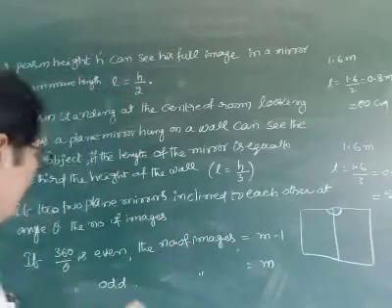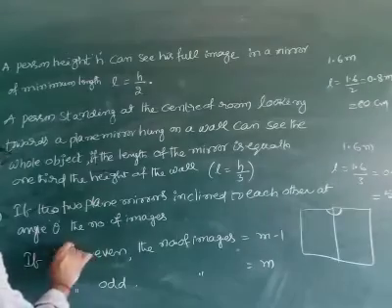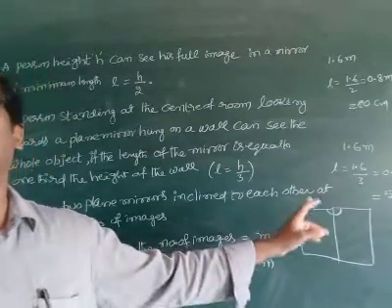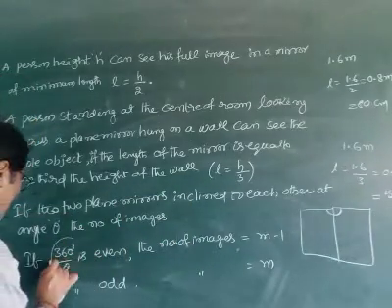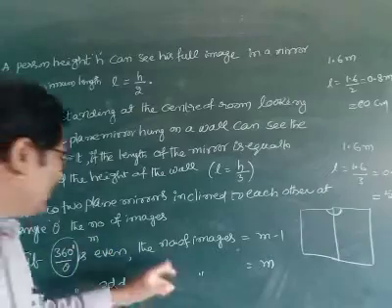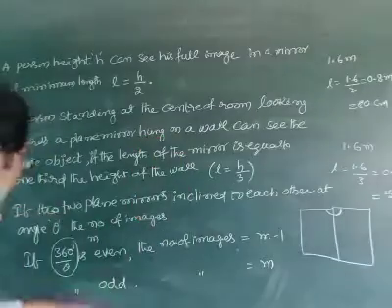If 360 by theta is even, the number of images is m minus 1. Here 360 by theta gives some m, that means the number of images is m minus 1.